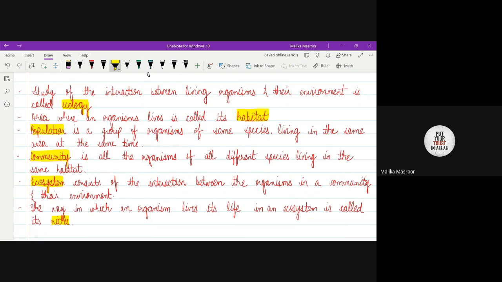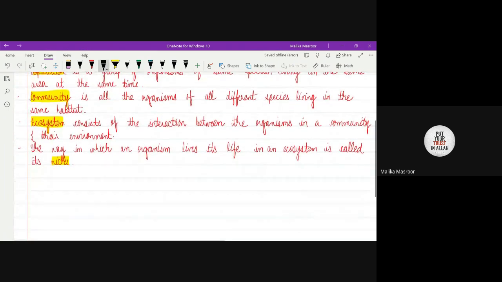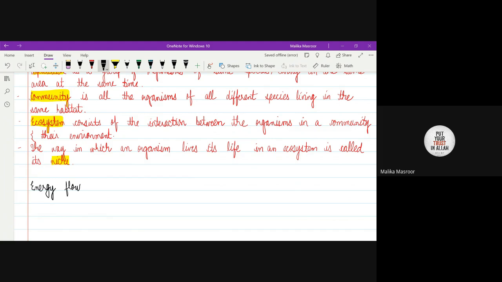After this, we have energy flow. Now you know that all living organisms require energy, and all the energy originates from the sun.